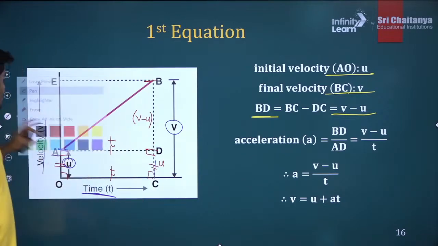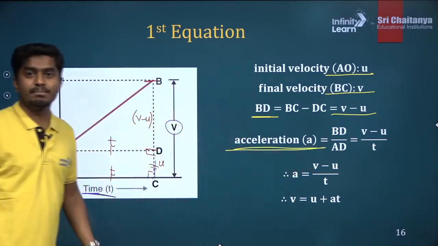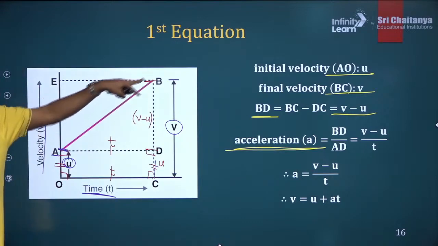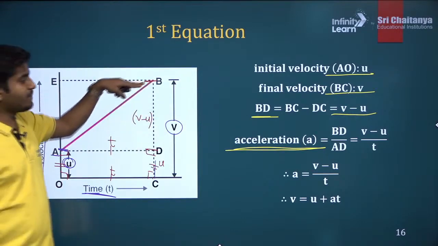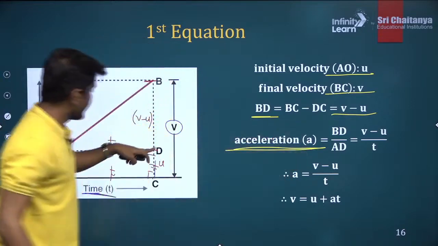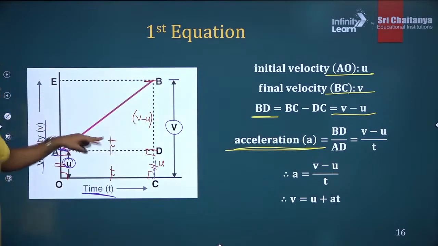So now how will you find the acceleration? Acceleration is simply the slope of this graph. Slope is nothing but change in the y coordinate, which is BD, divided by AD. What is BD? v minus u. What is AD? It is time.